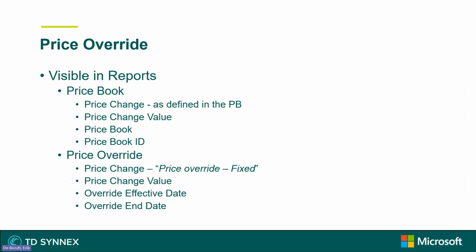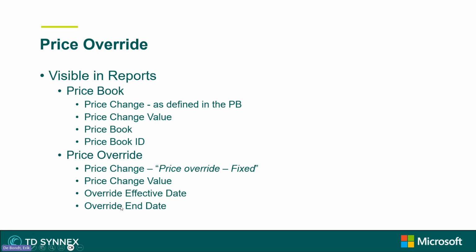Yes, the feasibility reports, as we saw in my previous demo, show the price change as defined in the price book. You will see that in the report. The price change value, the price book and the price book ID are fields. For the override, you can see the price override, the fixed, the changed value, the override effective date and the override end date.